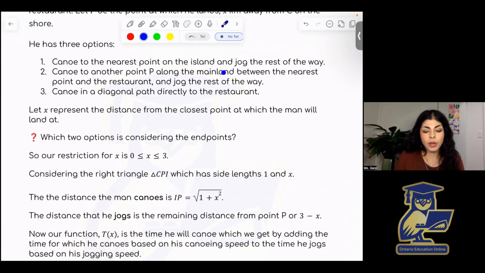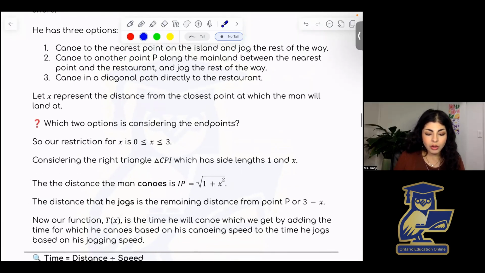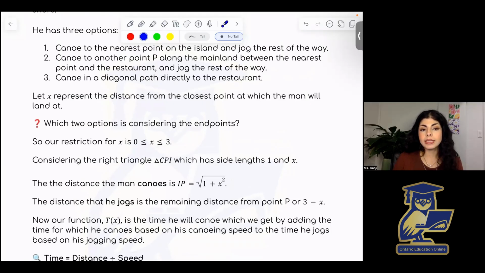Either he's going directly to the closest point C and jogging the rest of the way, or he canoes in a diagonal path directly to the restaurant. So based on that, we also have this restriction where x is between 0 and 3 inclusive, because we are considering those endpoints of him going directly to point C or going directly to point R.